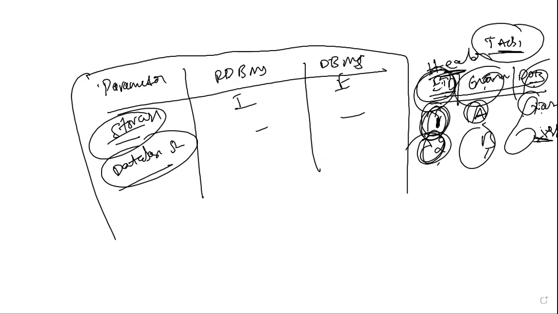Constraints are a set of rules. Integrity constraints are a separate topic, and you don't need to worry about it. As of now, just know that integrity constraints are nothing but a set of rules.